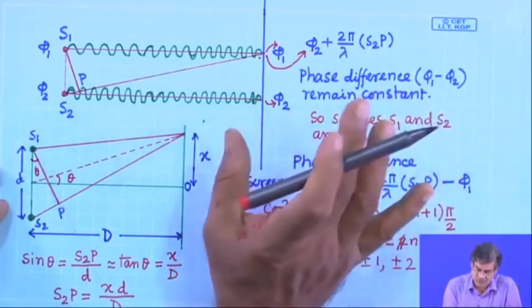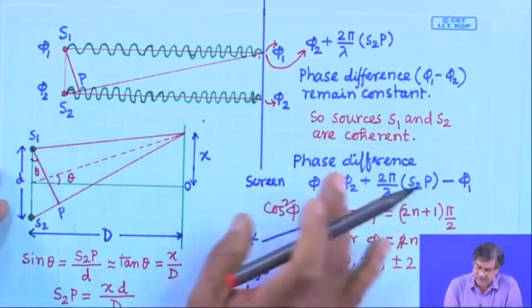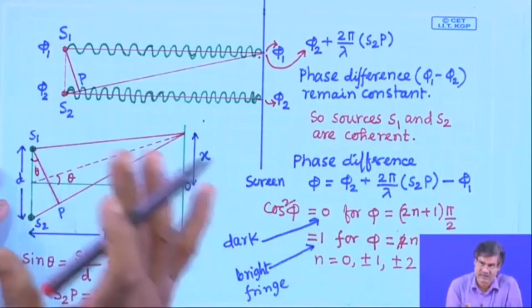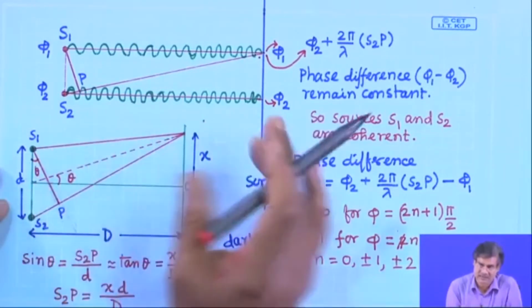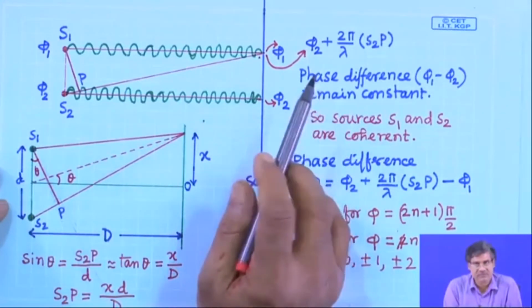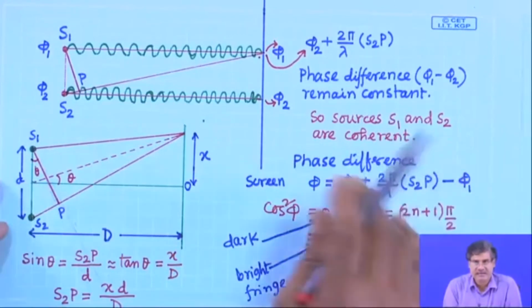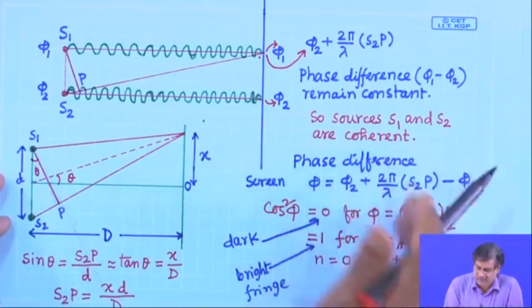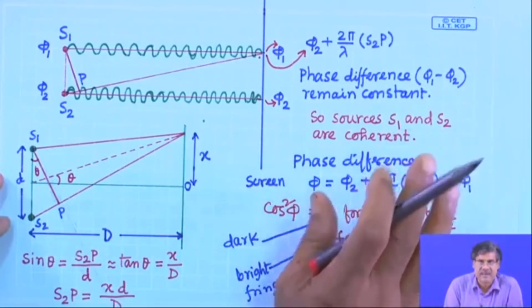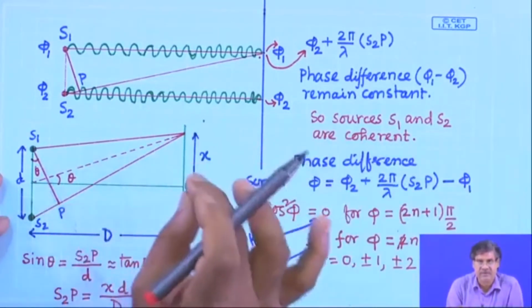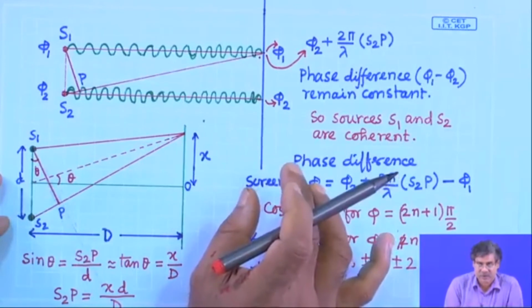So, that is the condition. If two sources, two waves, follow this condition, then we say these two sources are coherent. That is the definition of coherent: the phase difference between these two waves remains constant.